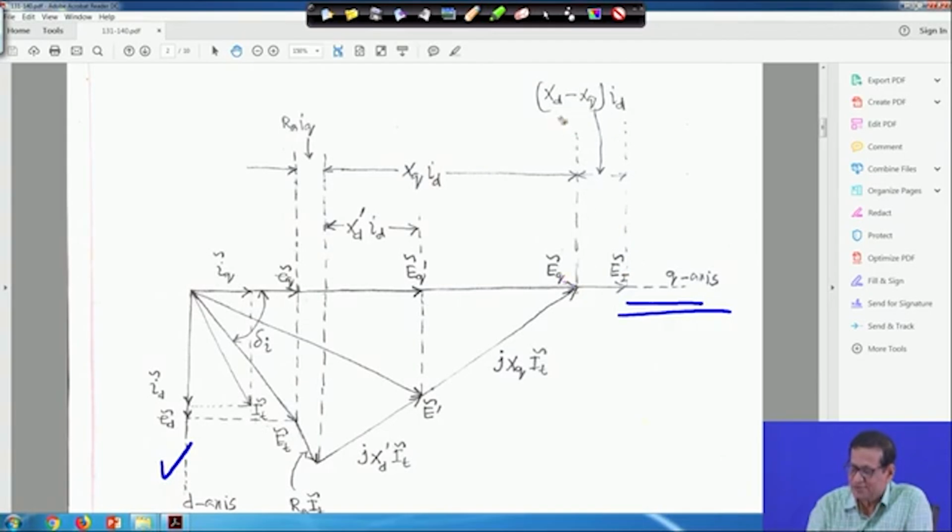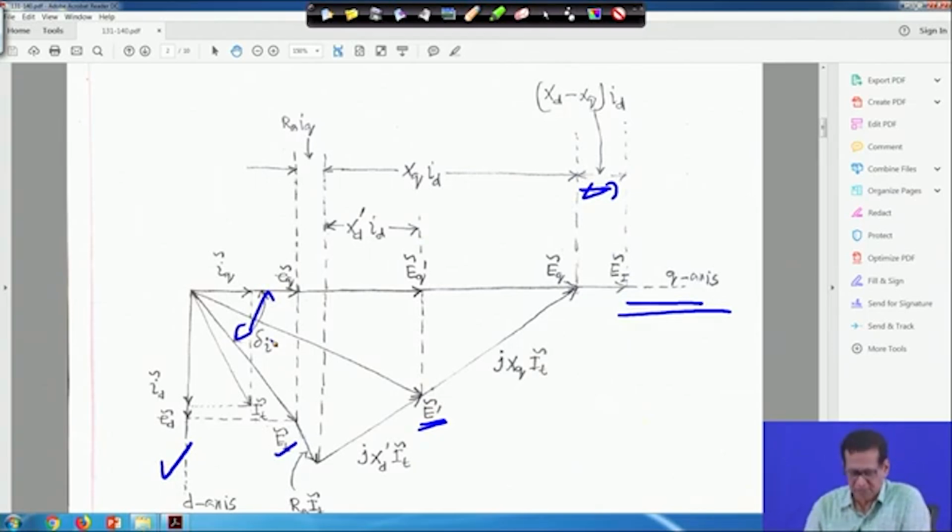So this portion is XD minus XQ ID, and this voltage is ET tilde, and this voltage is E dash tilde. The angle between ET tilde and EQ tilde or EI tilde or EQ dash tilde, whatever it is, is delta I.